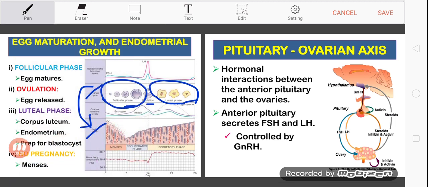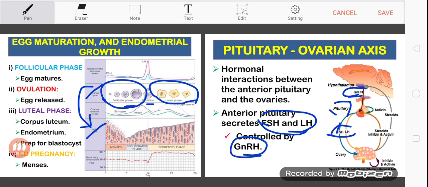The anterior pituitary will secrete gonadotropins under the influence of GnRH. The hypothalamus secretes GnRH, and this GnRH stimulates the anterior pituitary. Once stimulated, it will secrete FSH and LH.